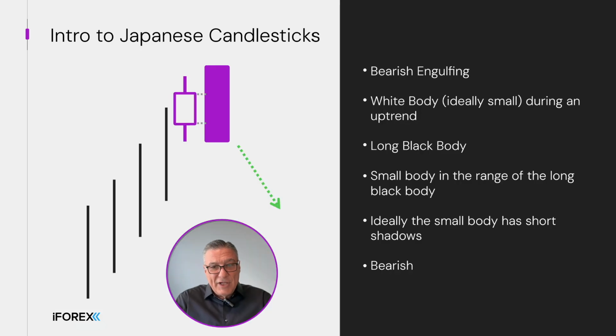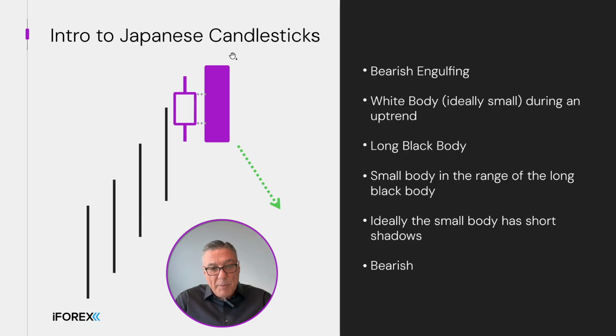Next bearish candlestick pattern is a two candlestick pattern. It's the bearish engulfing pattern. So in this case, the prerequisite is an uptrend and a small white body signifies the buyers' commitment to pull the market higher.